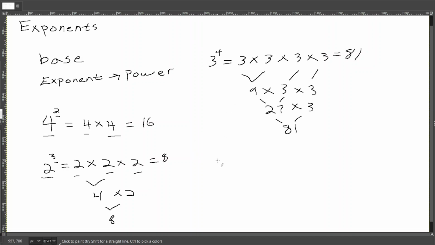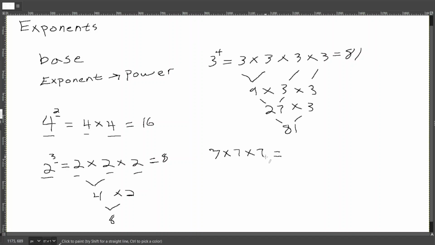Now, sometimes in a test, you might be given something that's like 7 times 7 times 7. And they tell you to write this in exponential form. So what they're telling you is don't do 7 times 7 times 7. That would be called evaluate, solve.